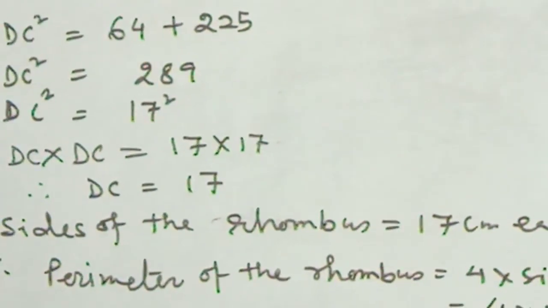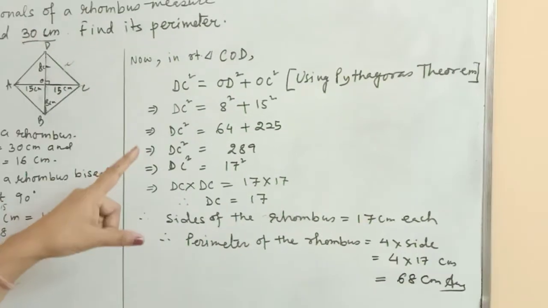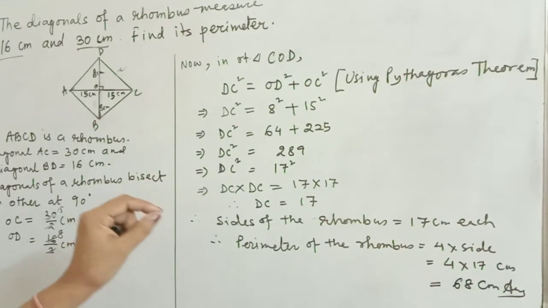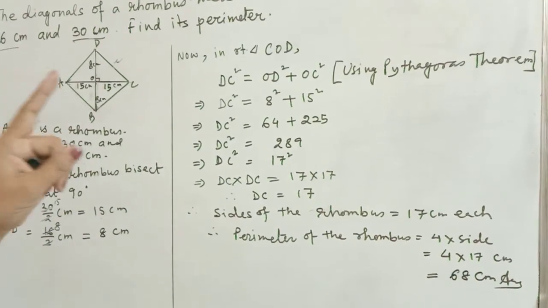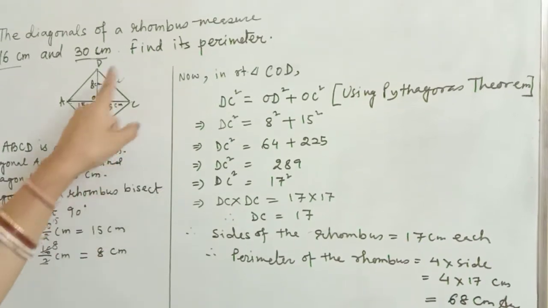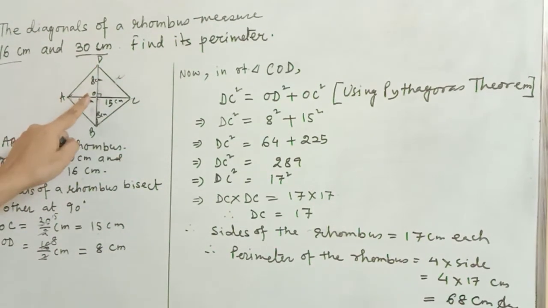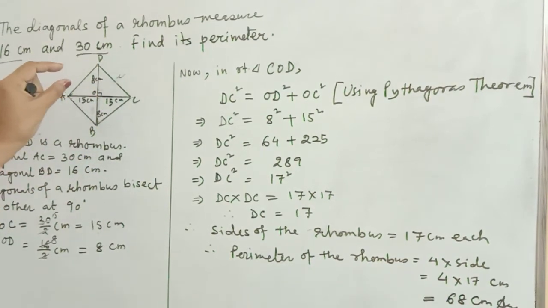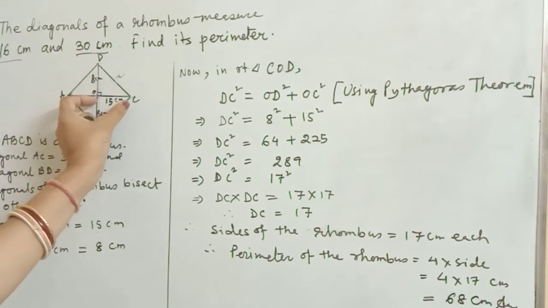Now in this sum, where we have to find the perimeter of the rhombus, for this reason we have to find the side of the rhombus, and 4 into side is the perimeter of a rhombus. To find the side of the rhombus, we have to find half of the length of the diagonals, OD and OC.